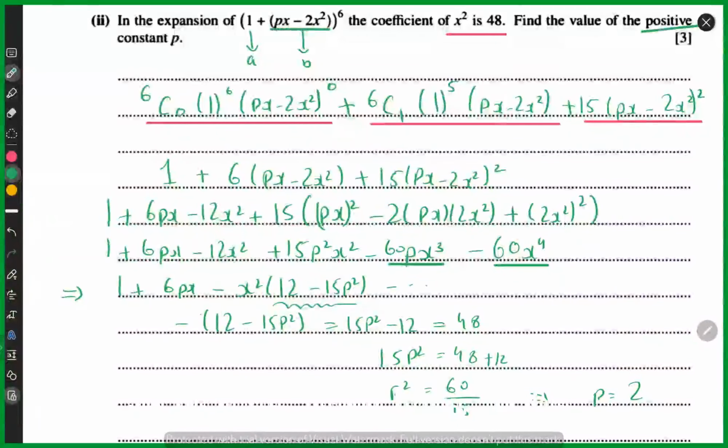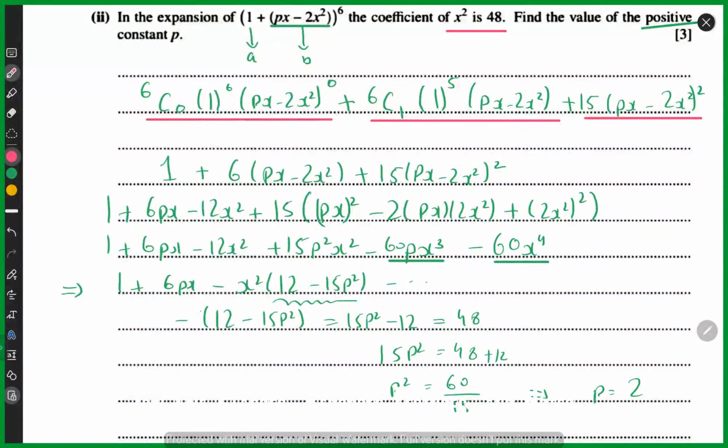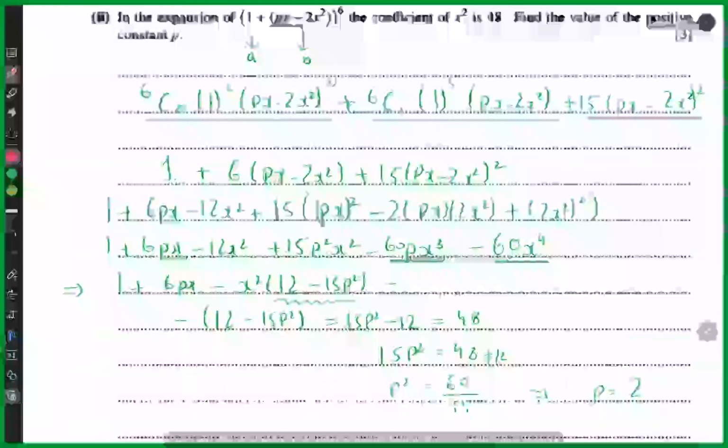Just give me 1 minute. I'll tell you what happened and why this question was comparatively complicated. Always remember, whenever you have a binomial of this type, you are not supposed to use the r formula directly. Why? Because when we do not have the value of r, we would not be able to make conclusions. The best possible way is to start expanding from the beginning. This was the first term, this was the second term, this was the third term.